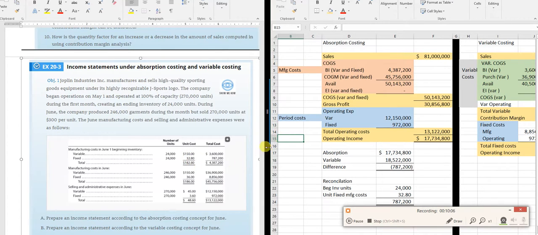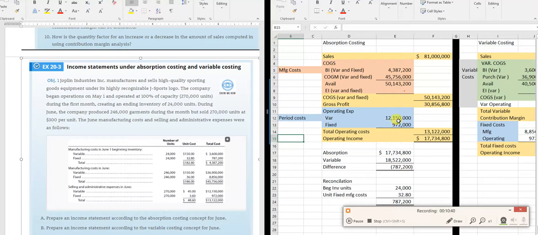And then I split it out between variable and fixed for each of these. Notice here, this is manufacturing costs for beginning inventory. This is manufacturing costs for June, and this is selling and administrative. They don't have selling and administrative in beginning inventory because selling and administrative are period costs, they're costs of the period.